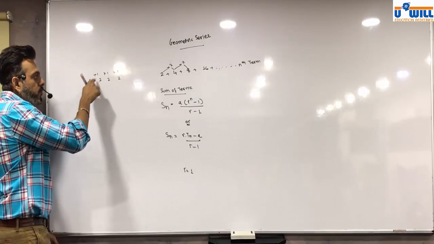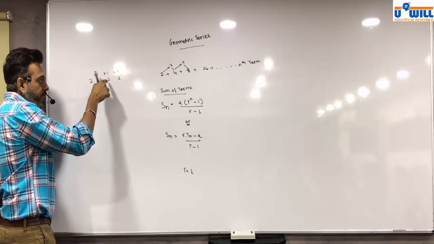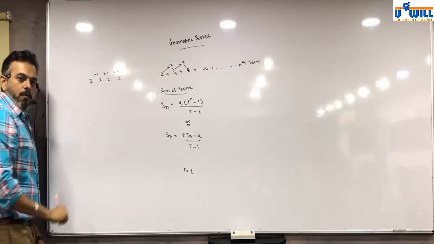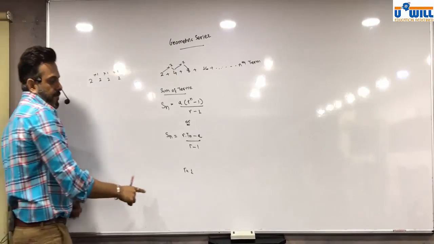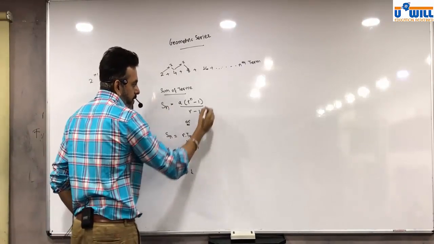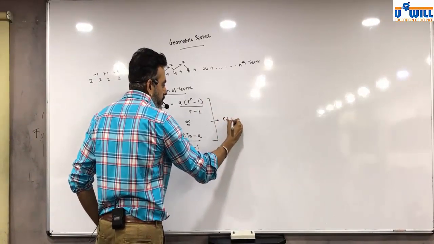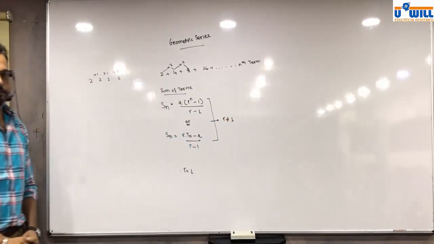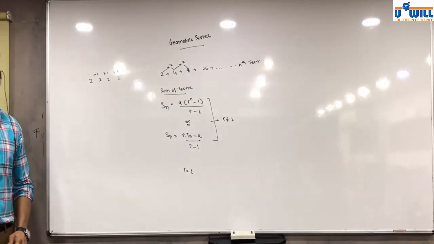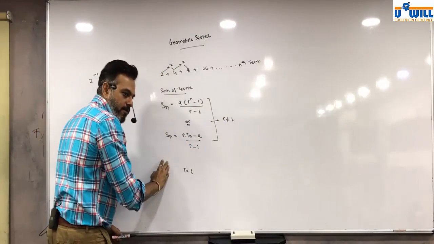Because 2 upon 2 is 1, 2 upon 2 is 1, T3 upon T2 is also 1. So if we want to use this formula, the condition is r should not be equal to 1. Understood this? If r is equal to 1, we cannot use this formula.